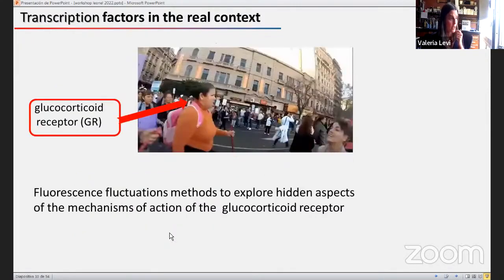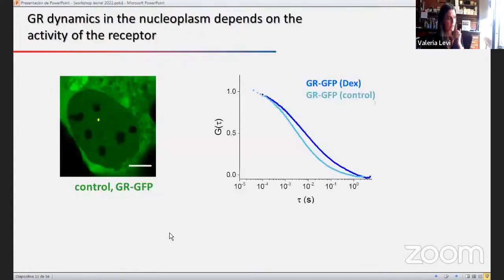Okay? Going back to the top, what happened with the glucocorticoid receptor or other transcription factors? We ran some simple FCS experiments in the nucleus of cells. Here you can see the control cells that were not stimulated, and in blue, you can see cells that are stimulated.